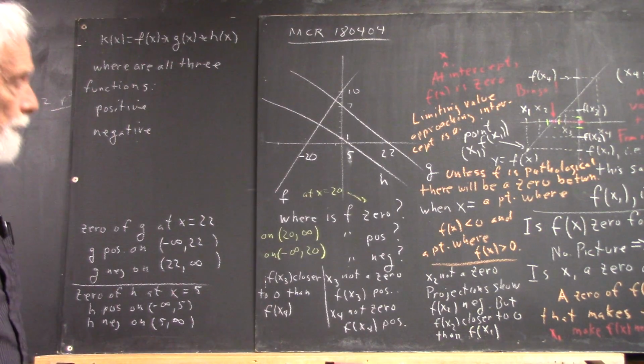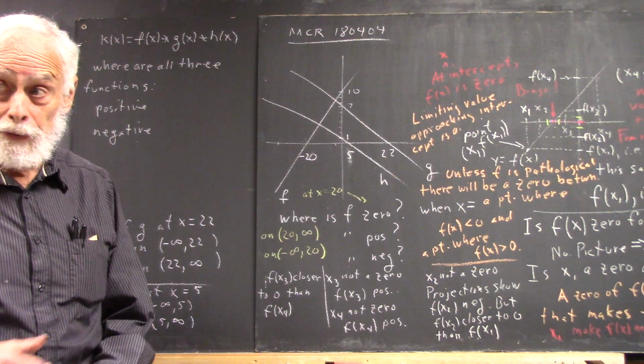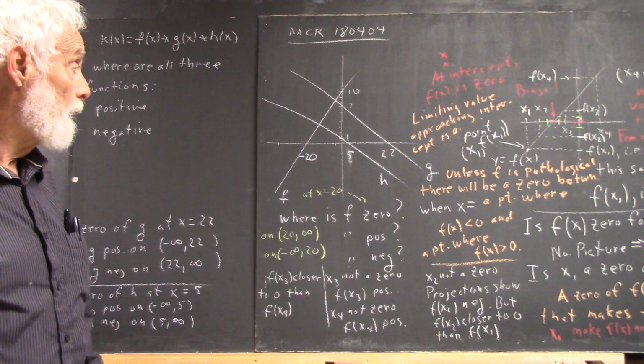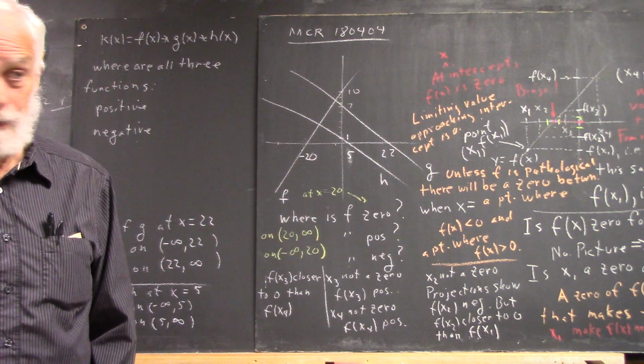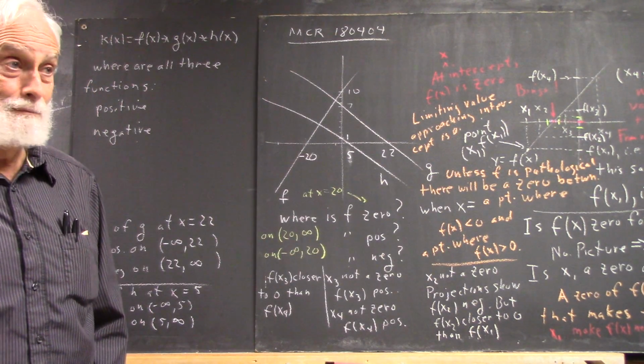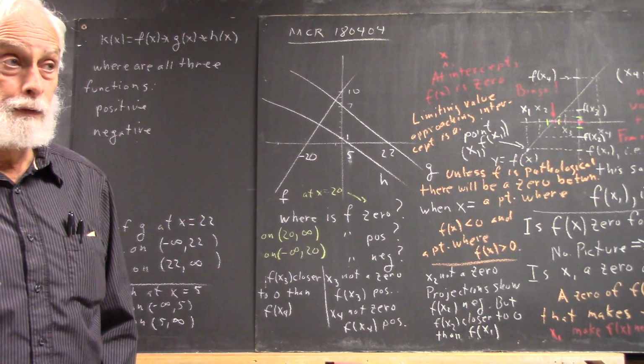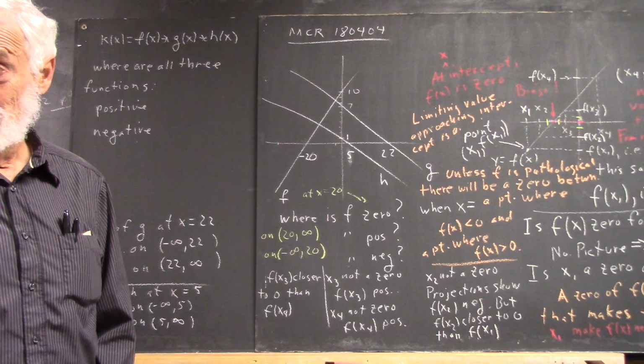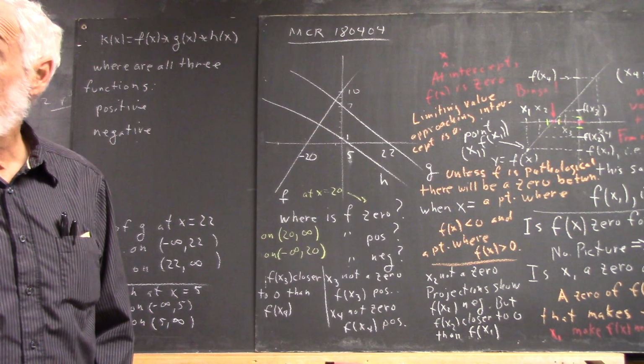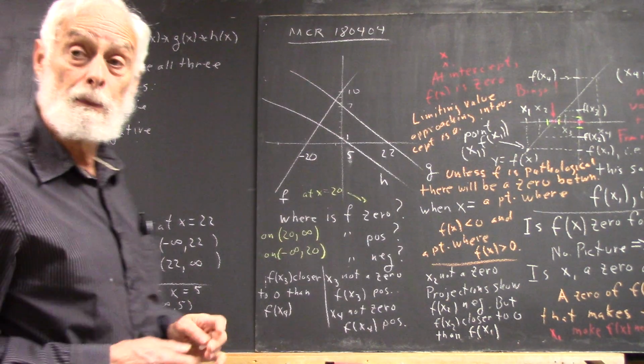Now, Elena hypothesized that there might be points where two of them are negative and the other is positive. Can you tell me where a point might be where two are negative but the third one is positive? 23 would do it.